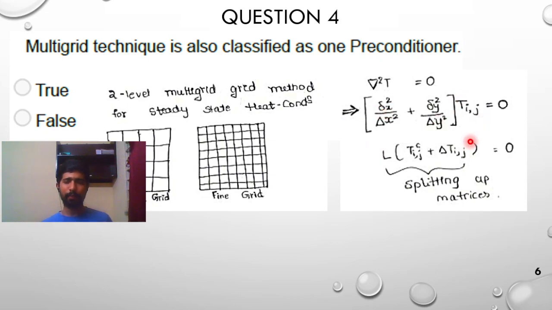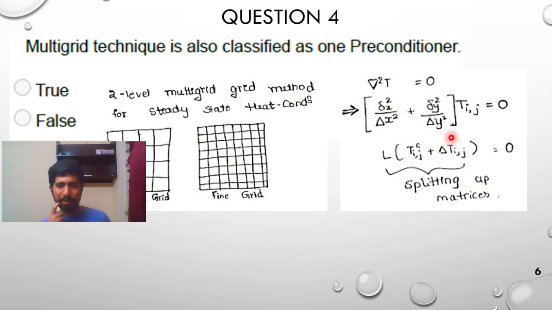Now you can write this as a function of Tij only, and then I divide the Tij into Tij coarse plus some residual. The actual result will be whatever I get on Tij plus some delta T, that is the residual, because in the coarse grid I cannot find the correct answer. That's the whole point here.